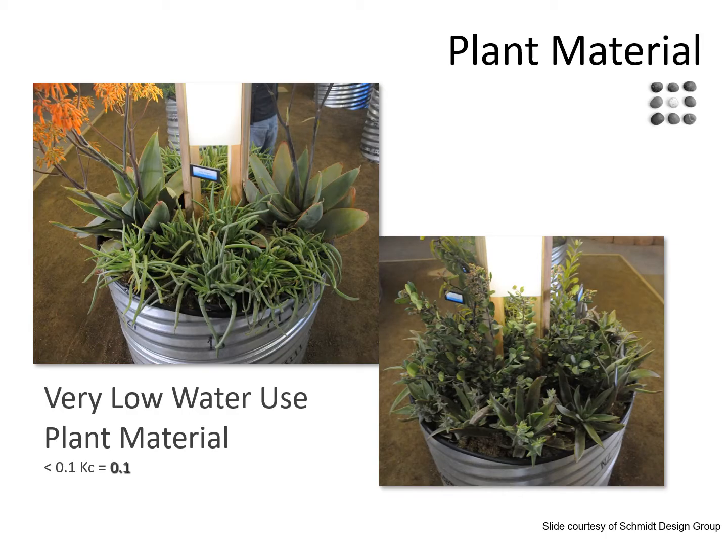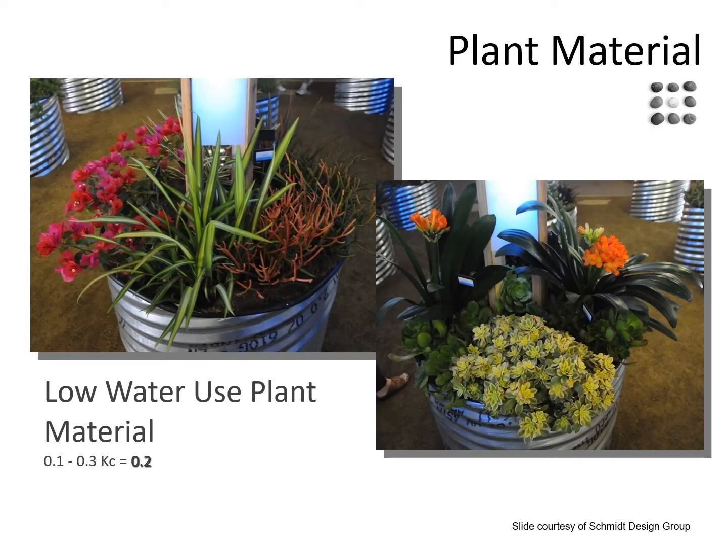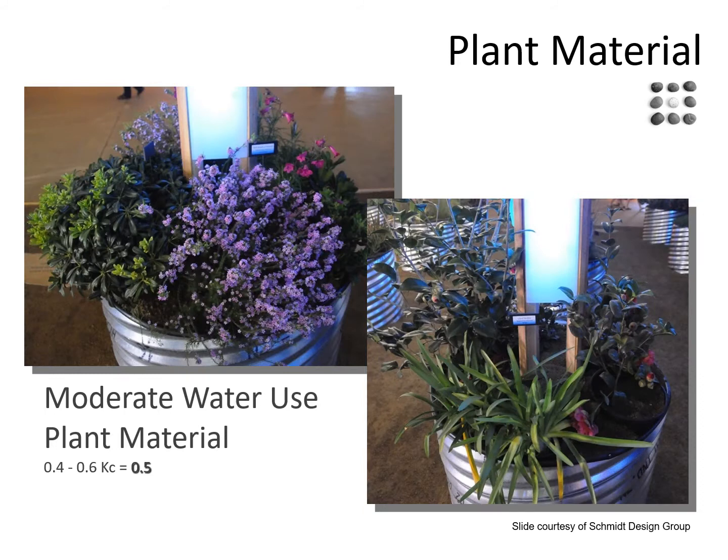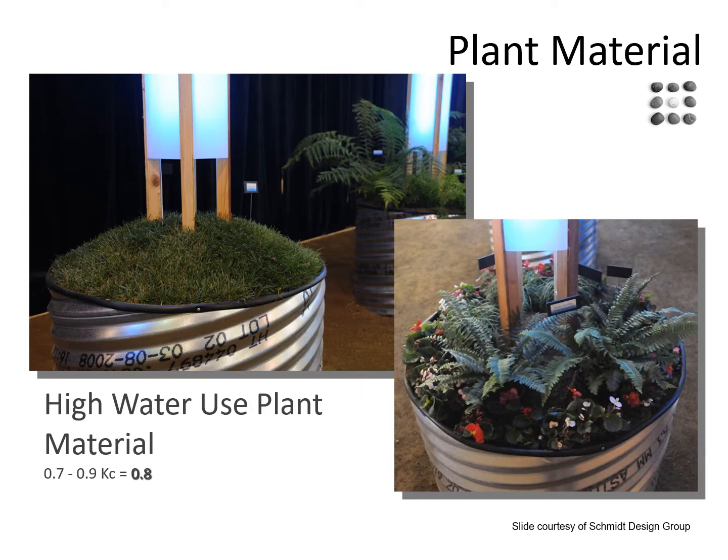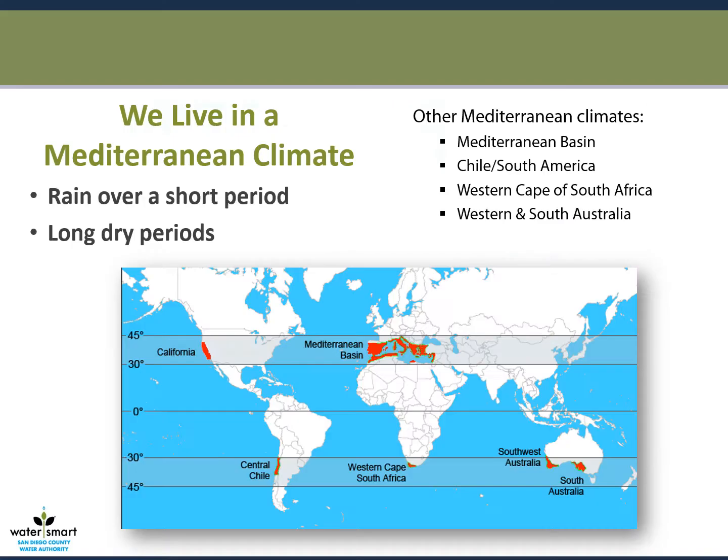So again, a review of the very low water use plant material, low water use plant material, moderate water plant material, and high water use plant material, which are falling out of favor based on the restrictions that the state has imposed in regards to water budgets.